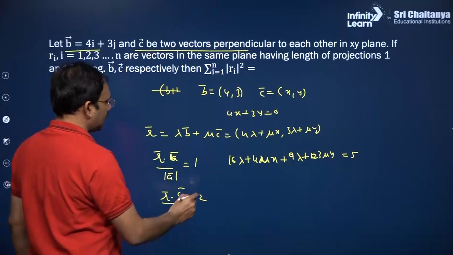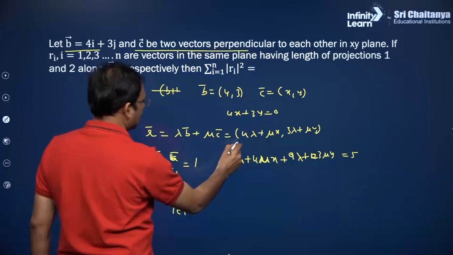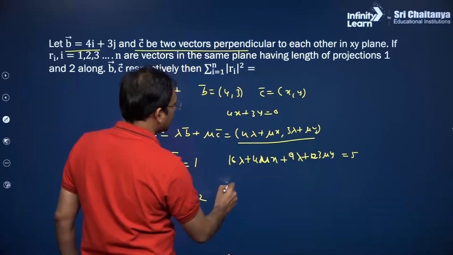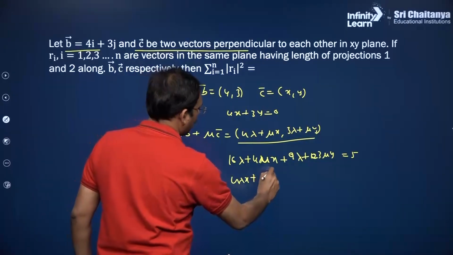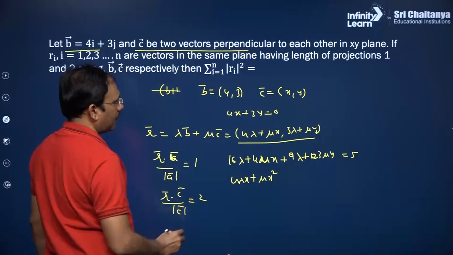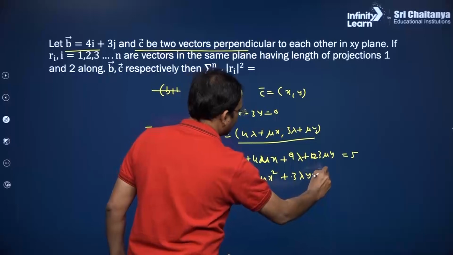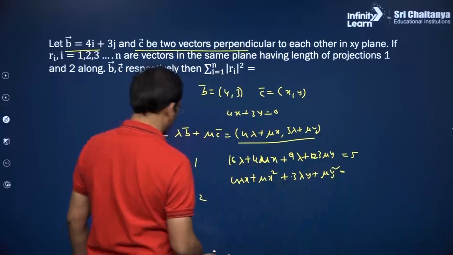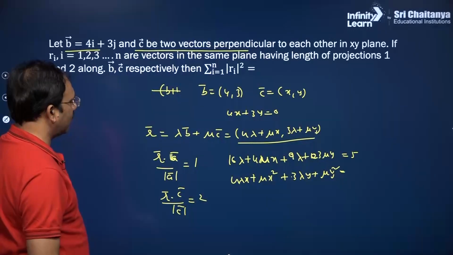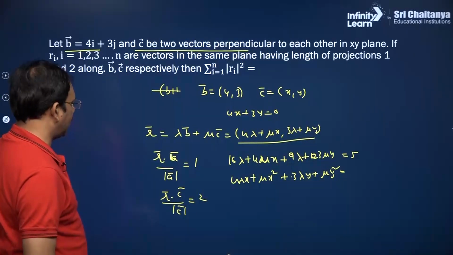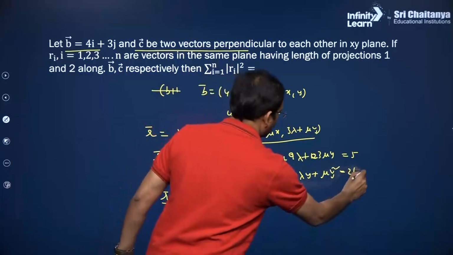So r bar dot c bar means this with c bar: 4 lambda x plus mu x square, plus 3 lambda y plus mu y square is equal to 2 into magnitude of c, which is root of x square plus y square, my dear friends.